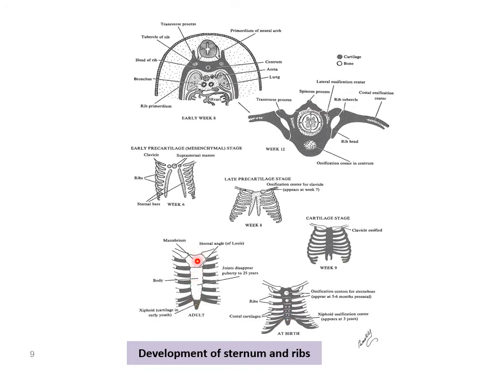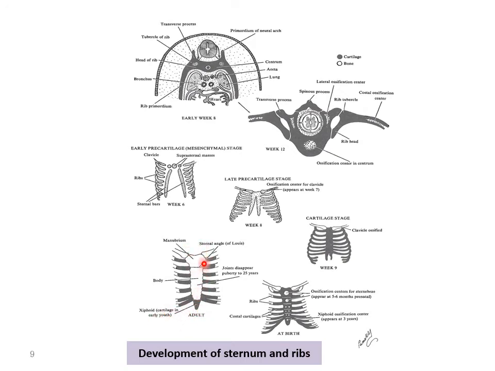In the adult, we have an ossified manubrium and body of the sternum, and we have the xiphoid low down, which is cartilage in early youth. Later on, it becomes ossified, but it is cartilage in early youth.